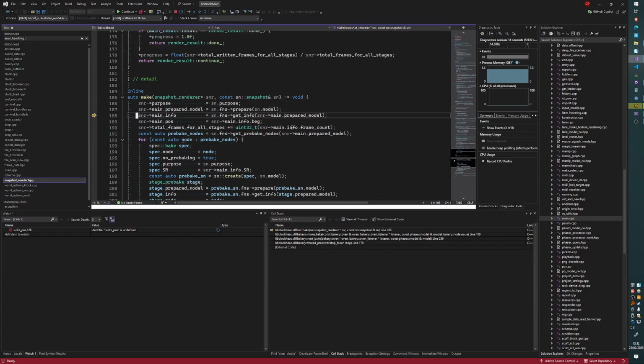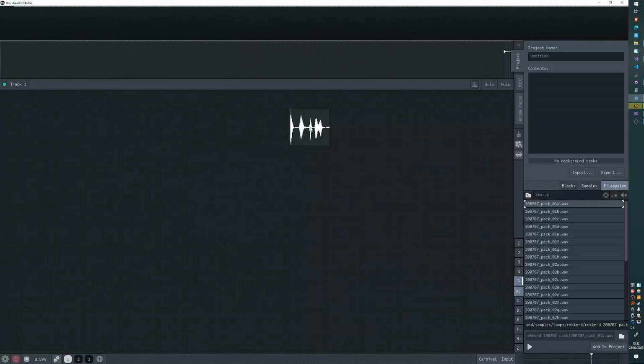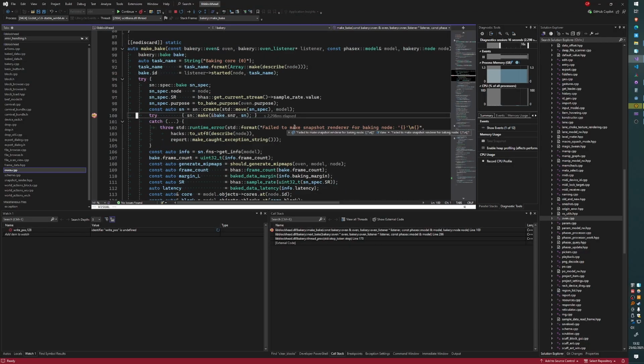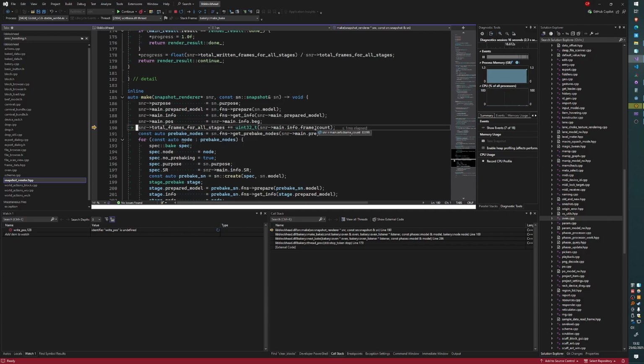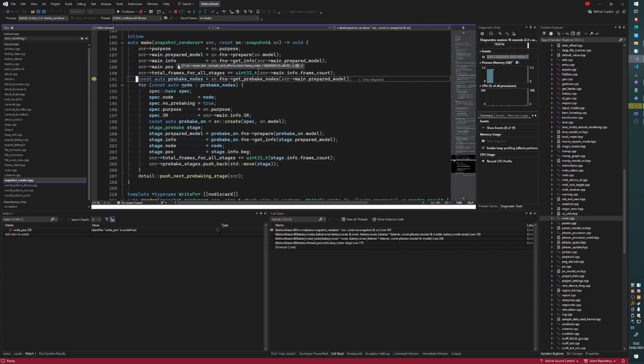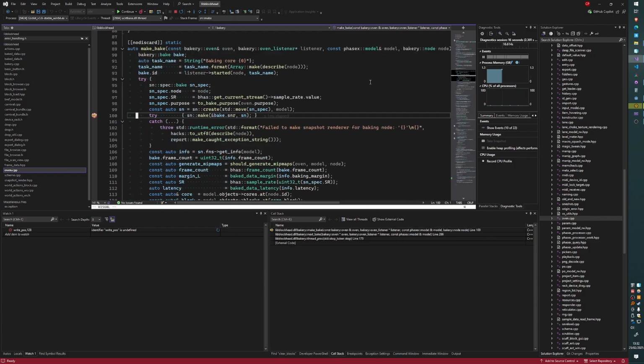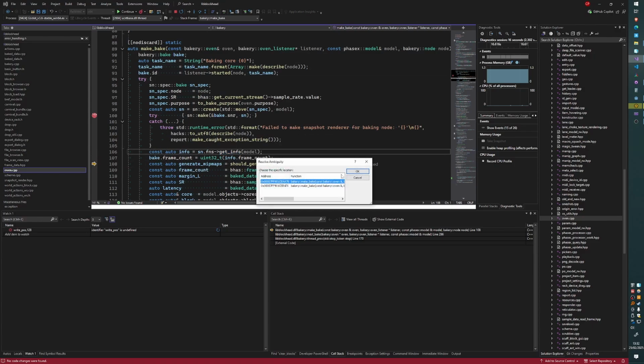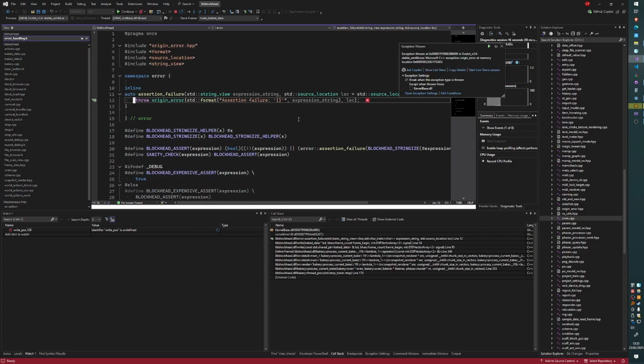Total frames for equals, okay, hold on. 83199. Click. 83199. Get info. Okay. I can't do that. Can't do that.